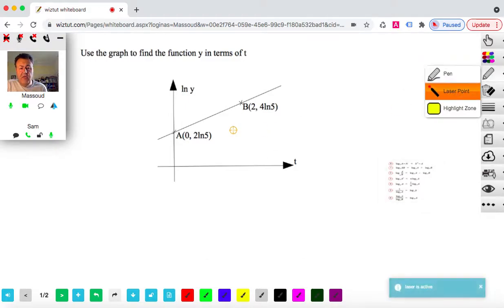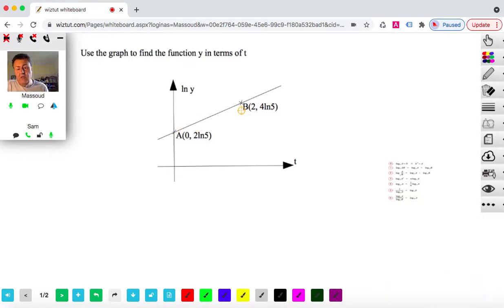So here we see a straight line, with 2 points of this straight line given. Sometimes in these graphs, for example, if we are studying the relationship between y and another variable, say t, we may experimentally find some values, some plotting points, and then draw the line of best fit, and then using that line of best fit, try and find a relationship between the two variables.